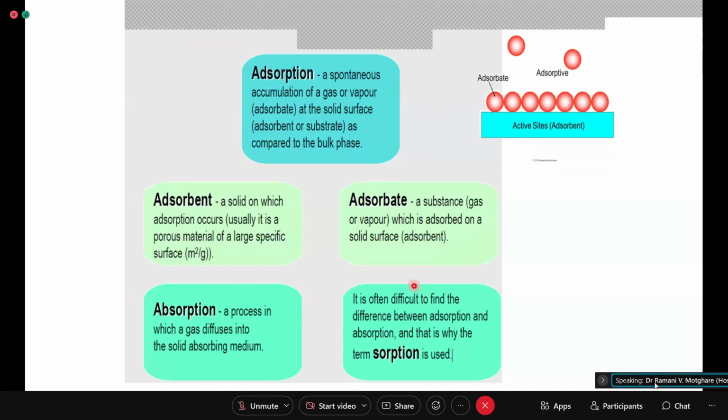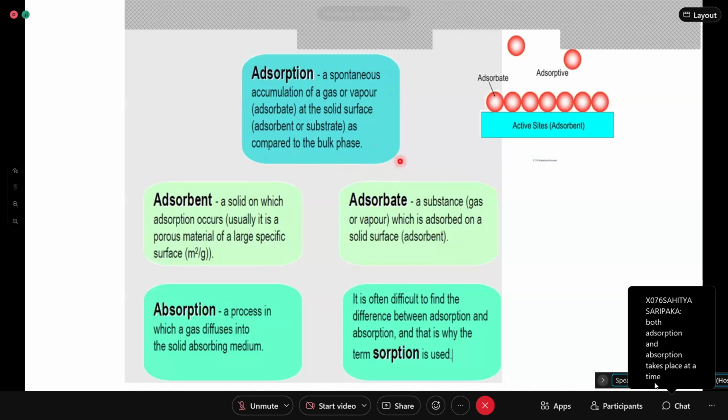Compared to the gas pressure in the whole chamber, more molecules are present on the surface. So if more molecules are present on the surface, you say adsorption has taken place, but at the same time it went inside also, so you say that absorption is also there. So you can't say whether it is only adsorption or absorption; both things taking place simultaneously will be termed as sorption.